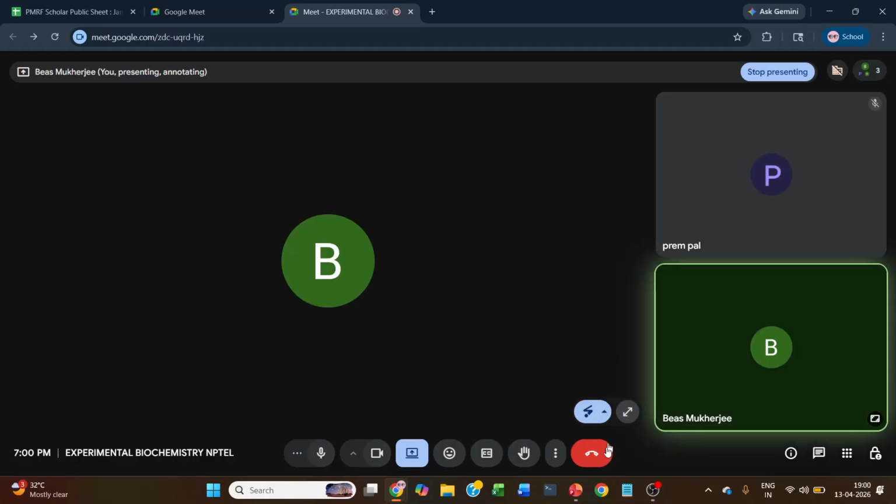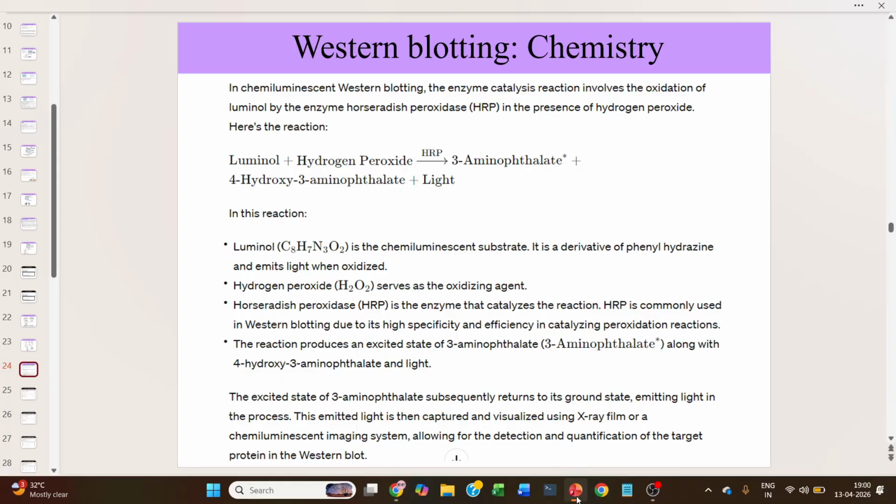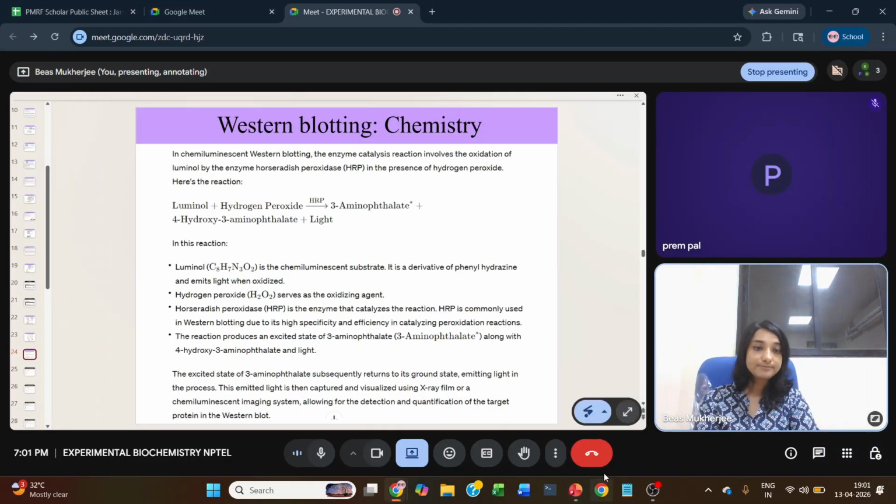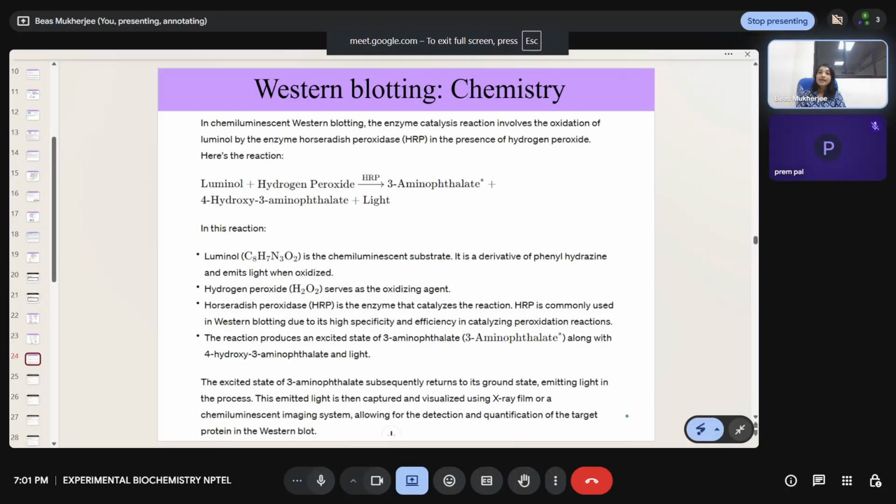Okay. Now exactly what happens in this reaction. So let us look at that. So in this reaction, let's see. In chemiluminescent Western blotting, the enzyme catalysis reaction involves the oxidation of luminol. So luminol is the substrate. So oxidation of luminol by the enzyme horseradish peroxidase.